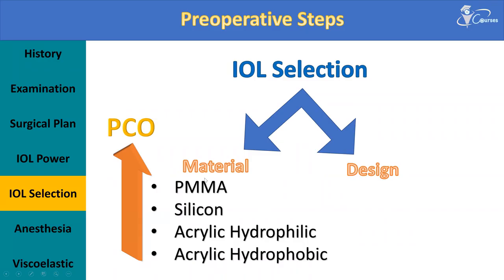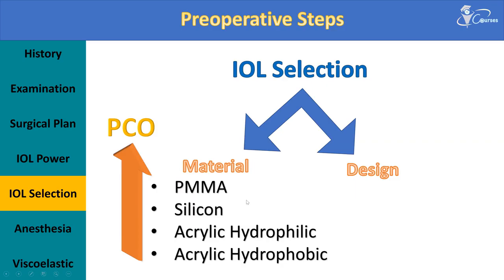In order of frequency of PCO, the acrylic hydrophobic has the lowest incidence of PCO, followed by the acrylic hydrophilic, followed by the silicone, and the highest incidence of PCO was found with polymethyl methacrylate lenses, which are the hard lenses. Remember this for the exam. This is very important: acrylic hydrophobic, followed by acrylic hydrophilic, then silicone, and then polymethyl methacrylate.